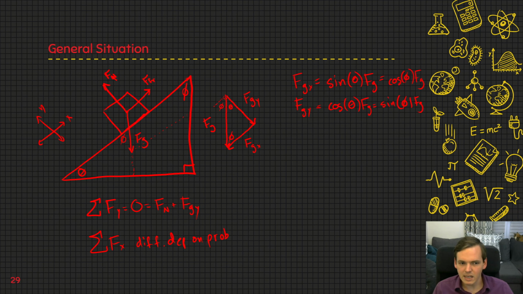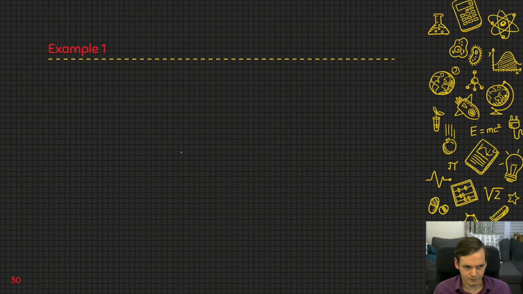But this is the setup, this is the general situation, and then you want to track the motion parallel and perpendicular to the ramp.